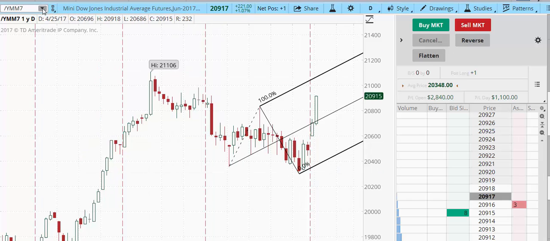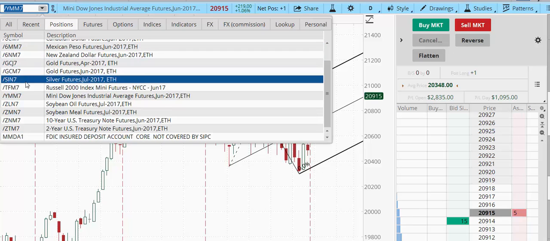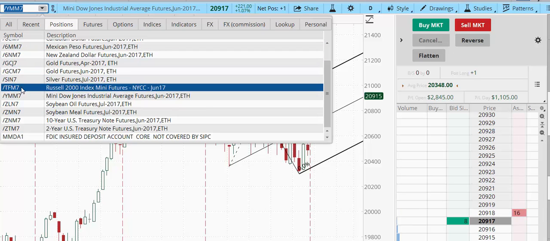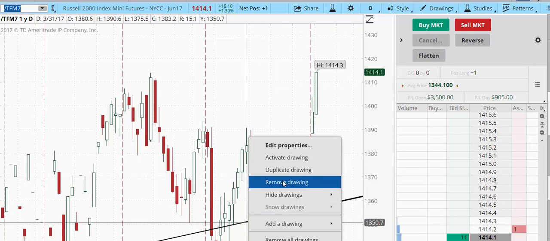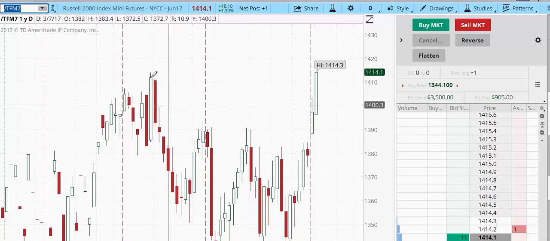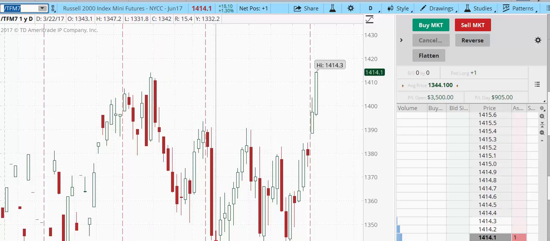Let's see what happened in the TF, which is the Russell Index. In the Russell Index, let's get rid of this line here. In the Russell Index, prices first came down to this point here, at which point we determined this was a major pivot.